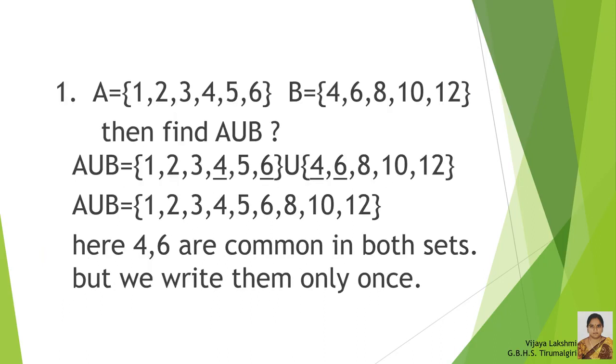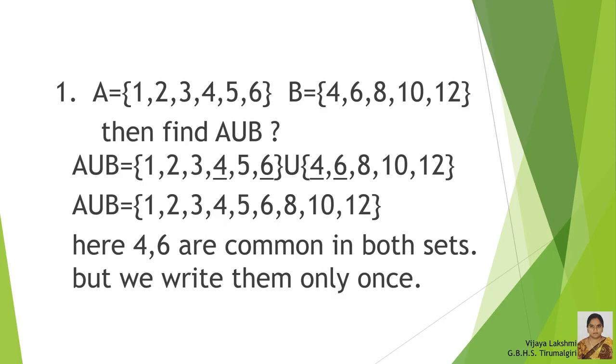Now let us see some examples. In example 1, A is equal to the set containing 1, 2, 3, 4, 5 and 6. B is the set containing 4, 6, 8, 10 and 12.